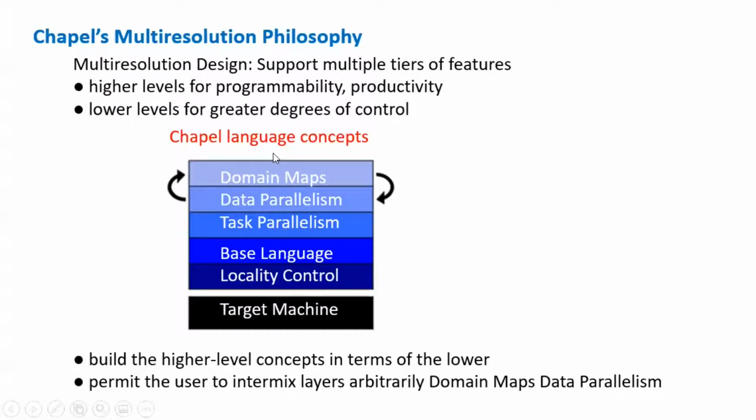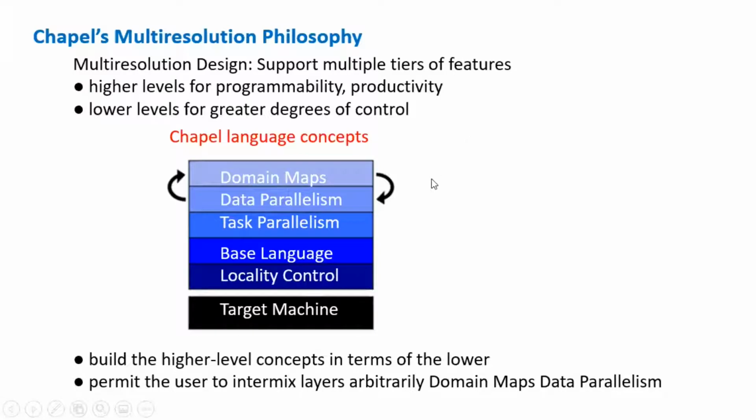So here is a slide I took from Chapel's website to explain Chapel's multi-resolution philosophy. This diagram gives different layers, and the layers can interact with each other. It's called a multi-resolution design, supporting multiple tiers of features.